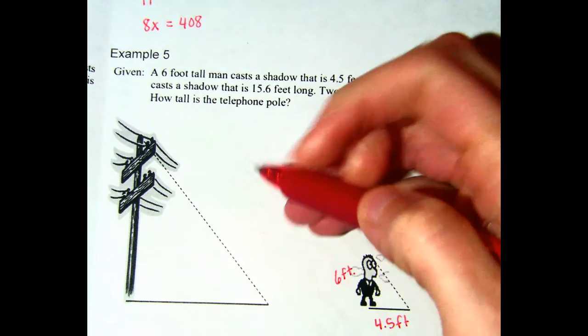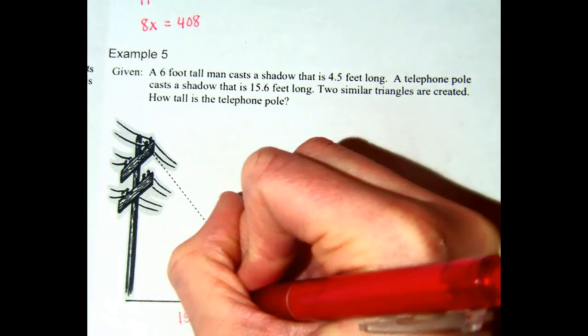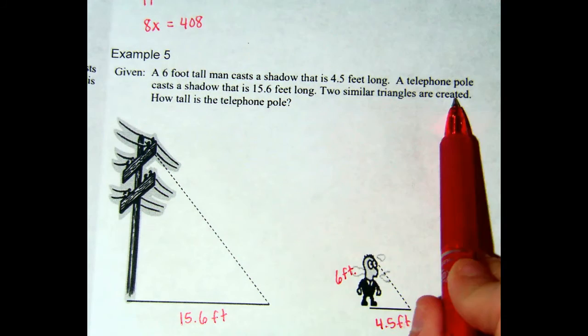A telephone pole casts a 15.6-foot shadow. 2 similar triangles are created.